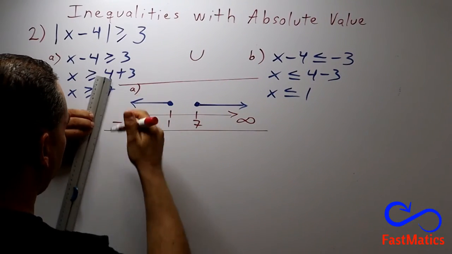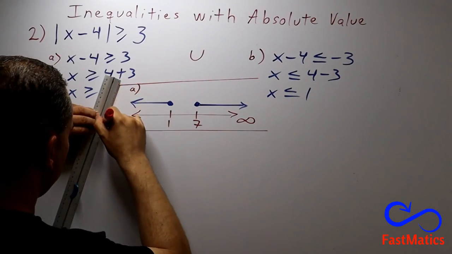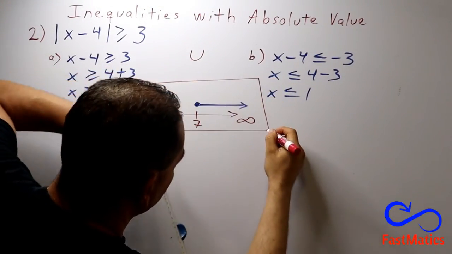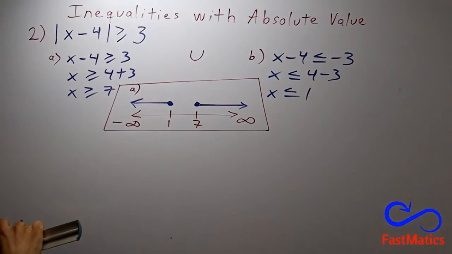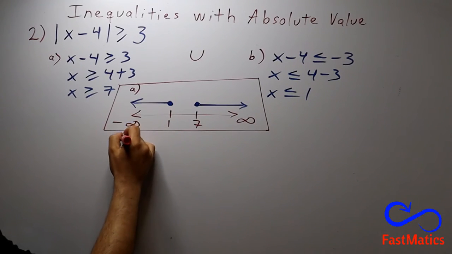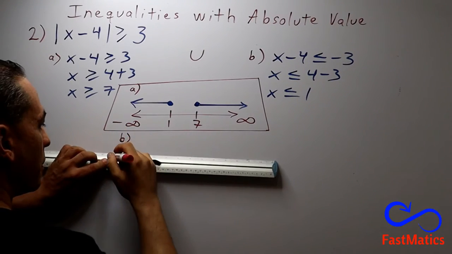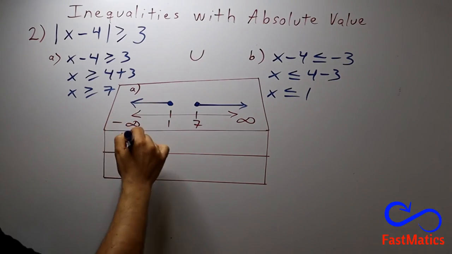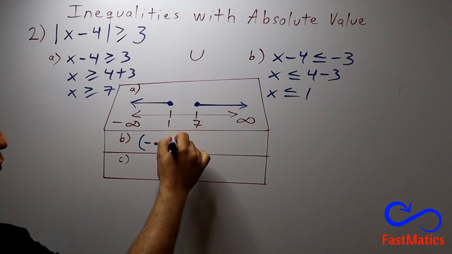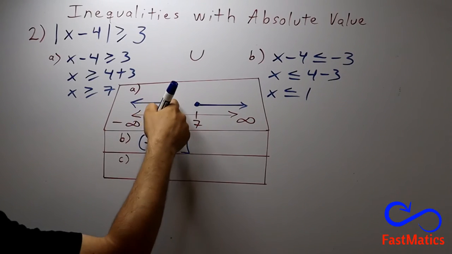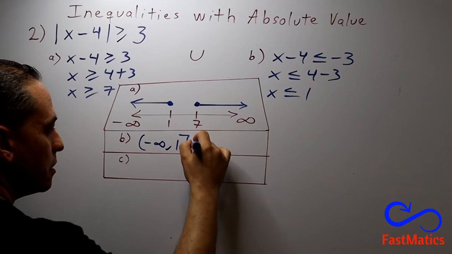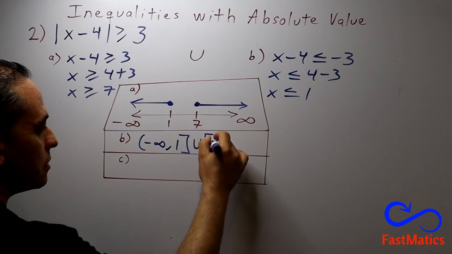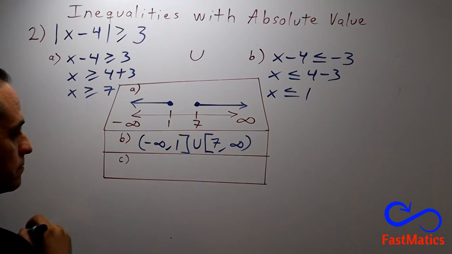We can write the answer in our number line. After that, another way of writing it is the interval from negative infinity to 1 with brackets, because you have a dot here, the symbol of union, and brackets, from 7 to infinity.